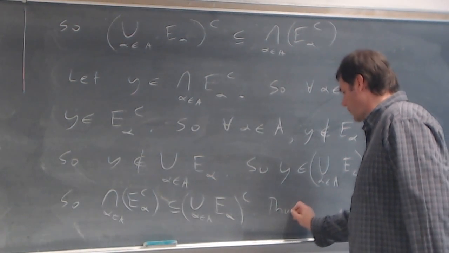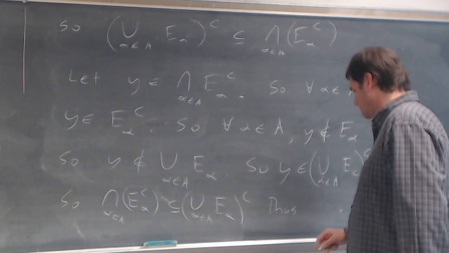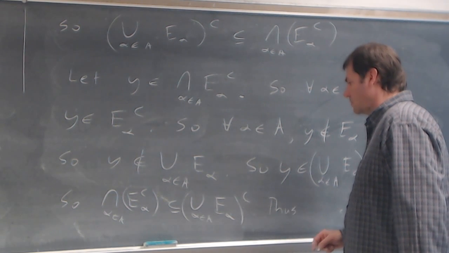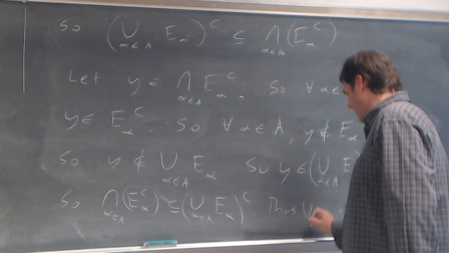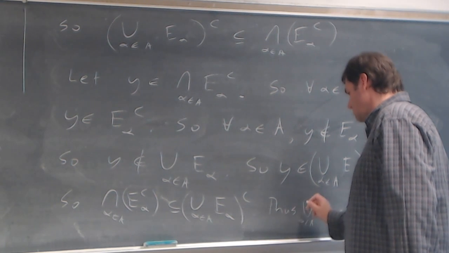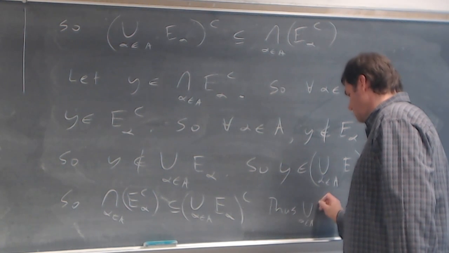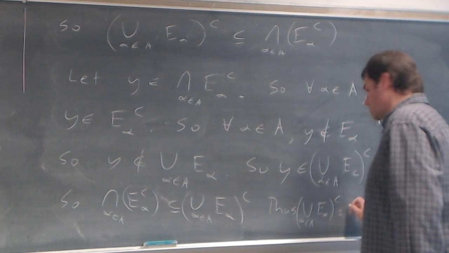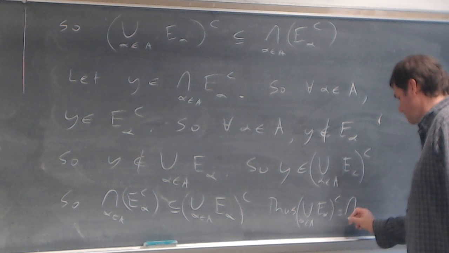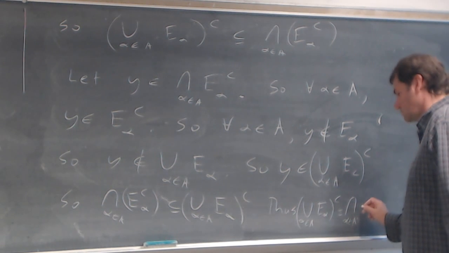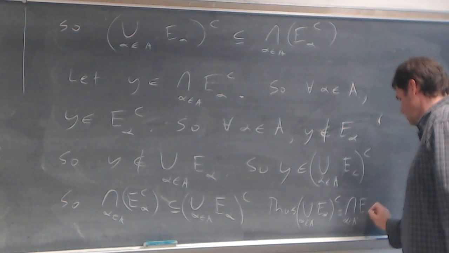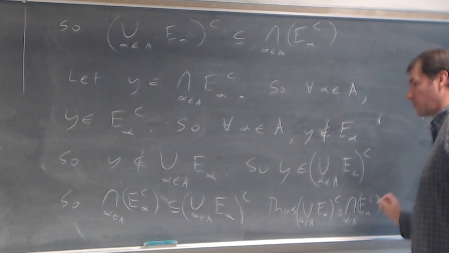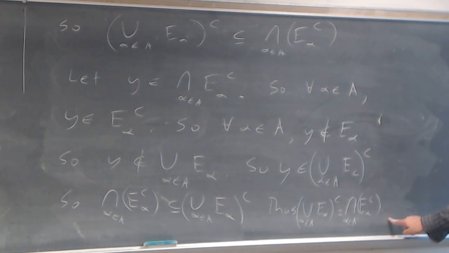Thus, since we've shown both subset properties, we have that this union equals this intersection. And that's what we wanted to show. So that's the proof.